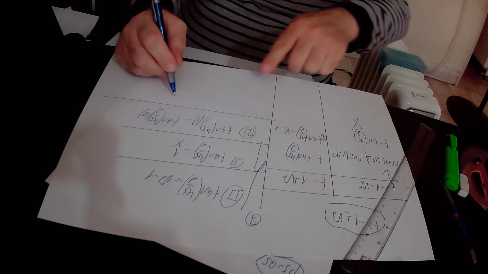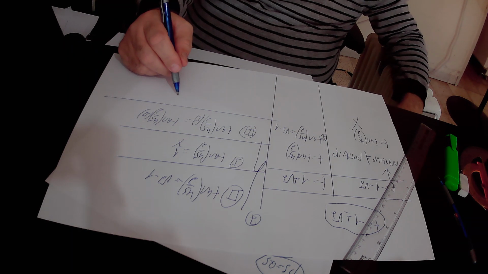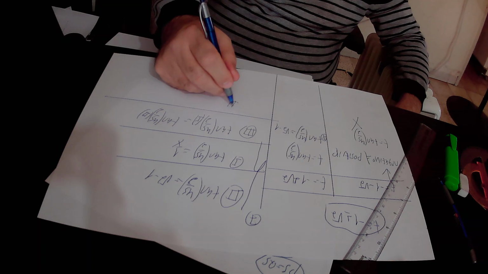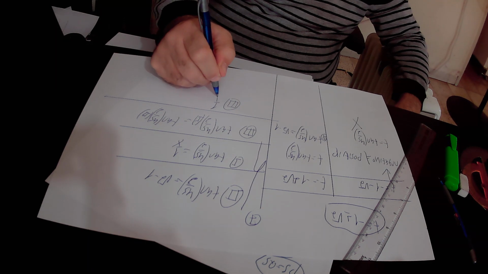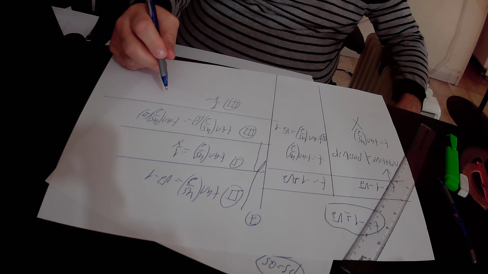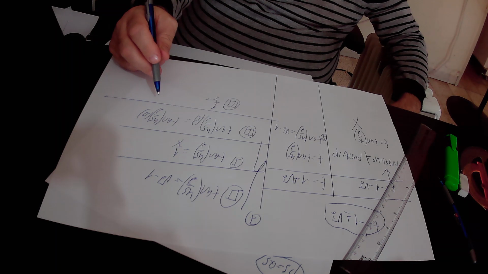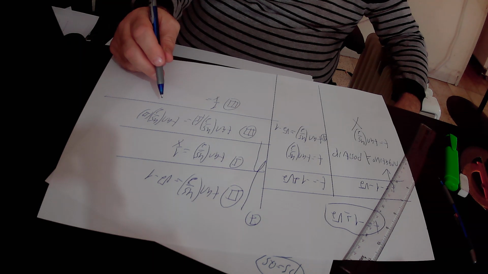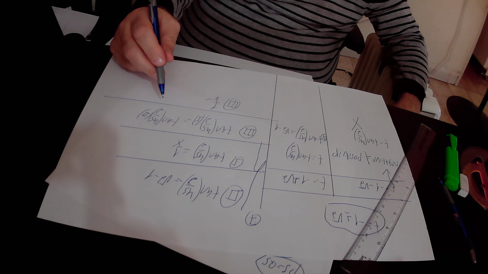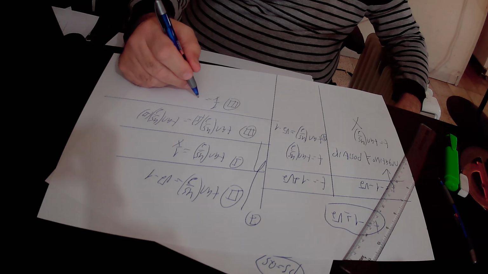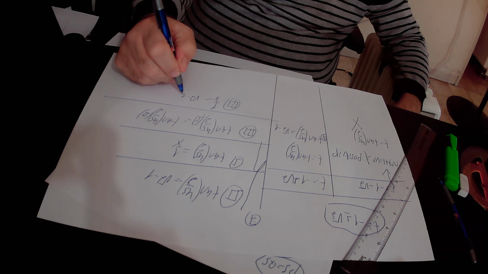So tangent 45 over 2 degrees according to equation number 1 is 1 over x, and it must be equal to tangent 45 over 2 degrees according to equation number 2, which is square root of 2 minus 1.